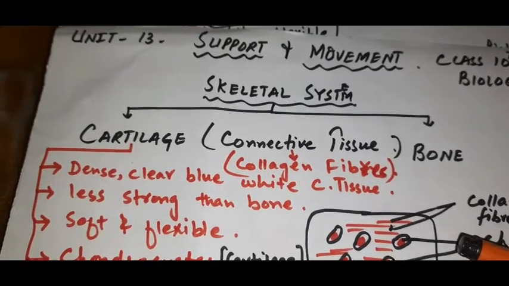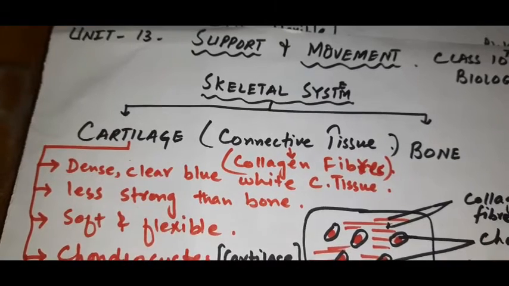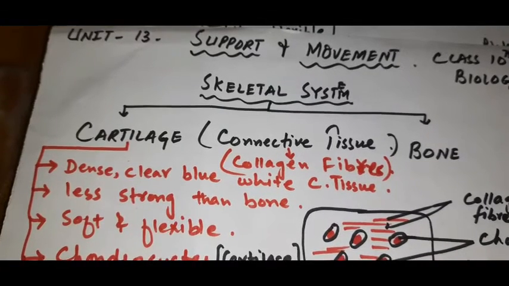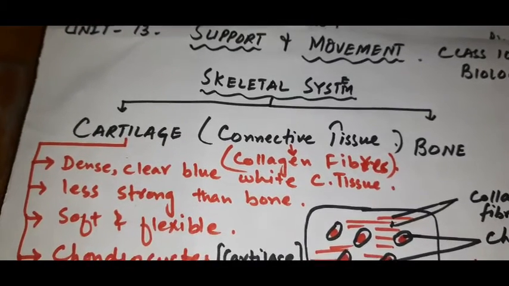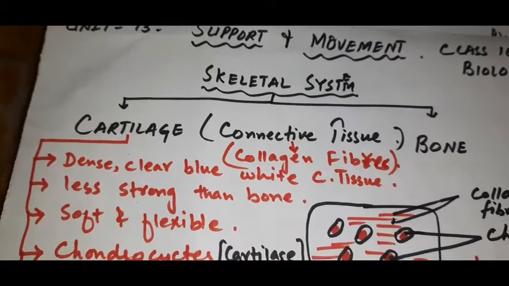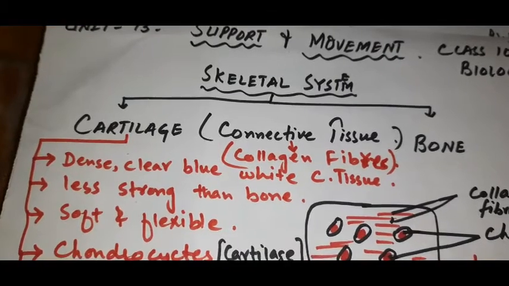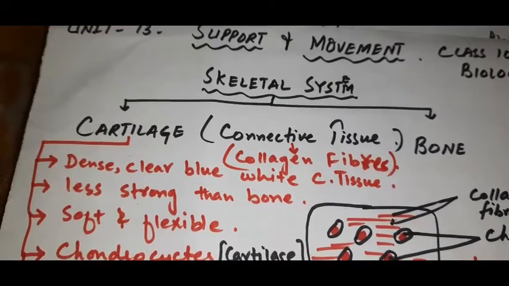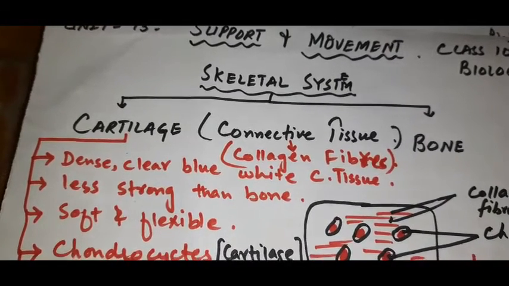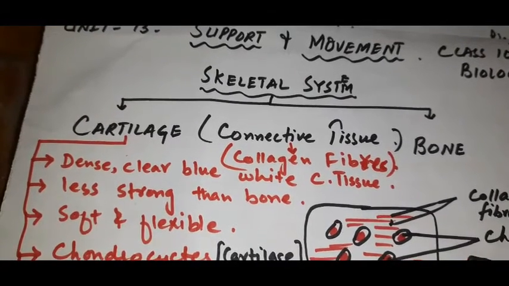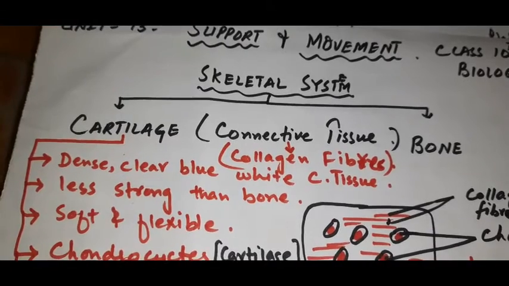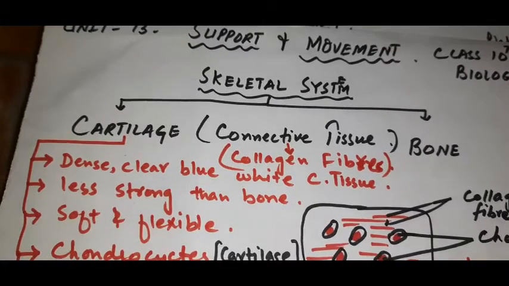So the skeleton is basically the framework of hard articulated structures that provide physical support to the body, attachment for the skeletal muscles and protection for the bodies of animals. Like other vertebrates, the human skeleton is on the inside of the body and is known as endoskeleton, as the word endo means inside and the skeleton is the structure of bone, right?